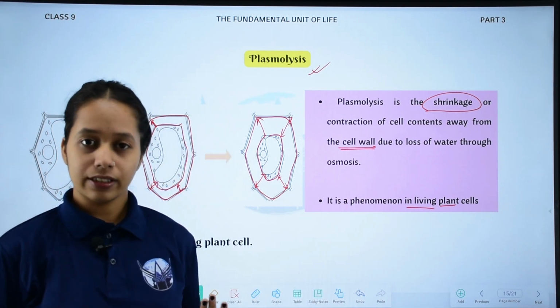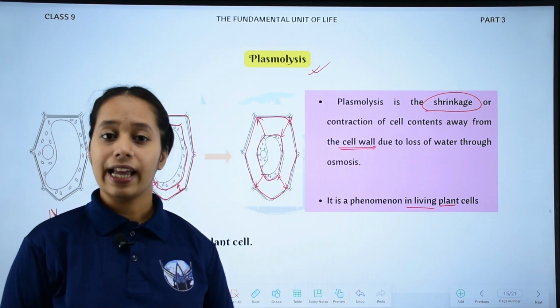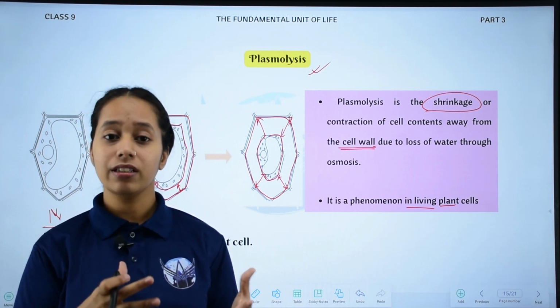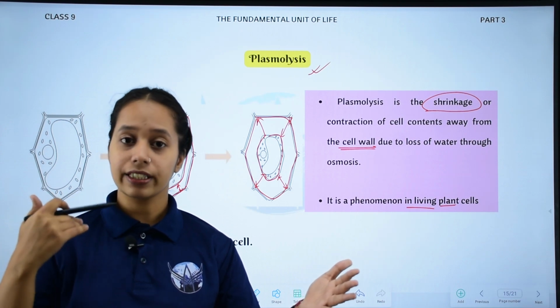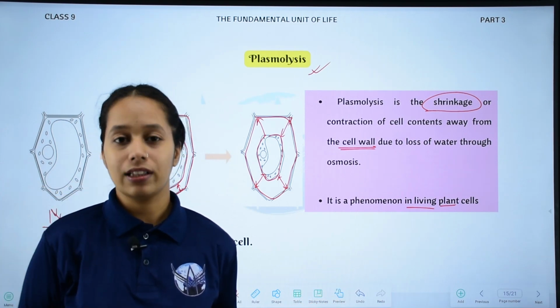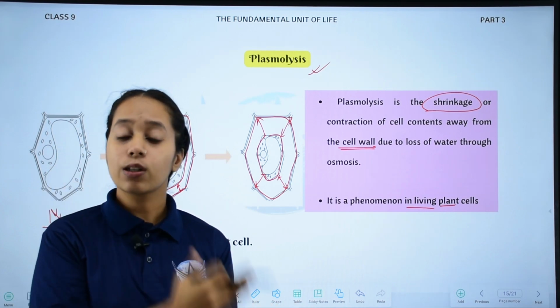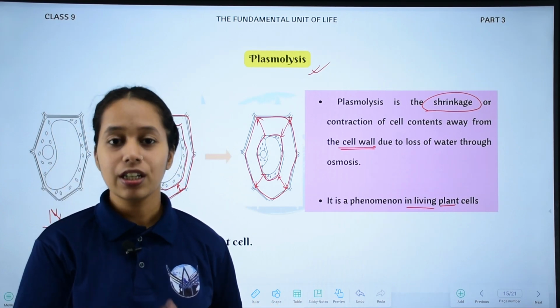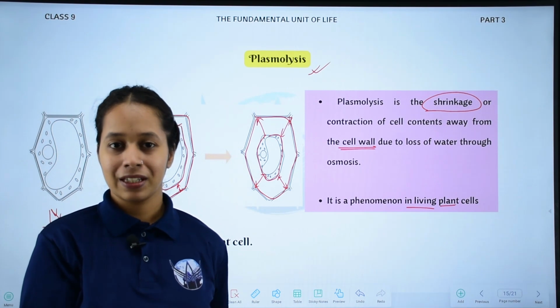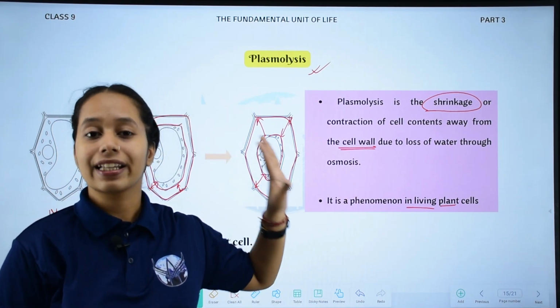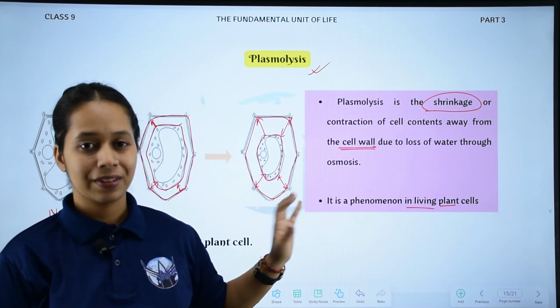It will take in water and build up a pressure. This pressure will be exerted towards the cell wall. But the cell wall will apply an equal and opposite pressure towards the cell membrane. So both forces get cancelled, and ultimately the cell wall protects the cell from bursting.